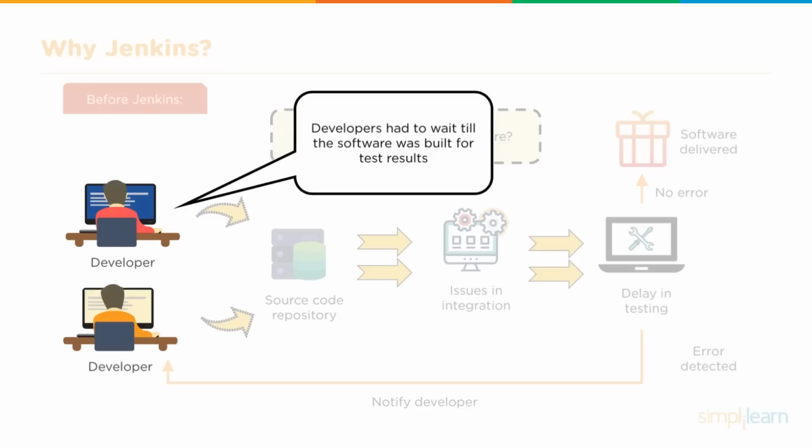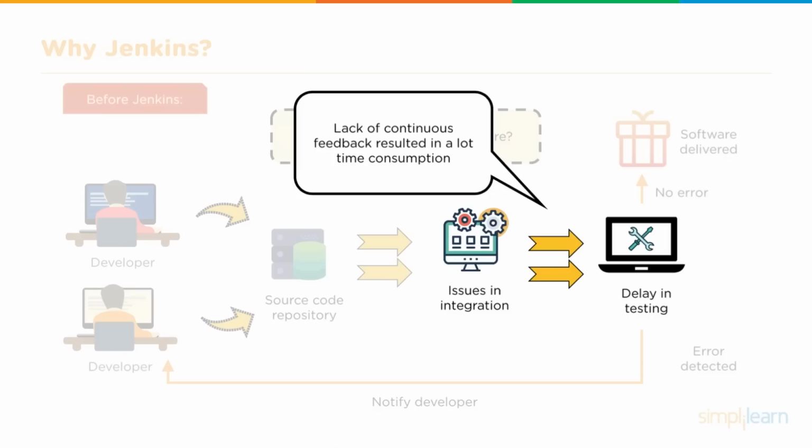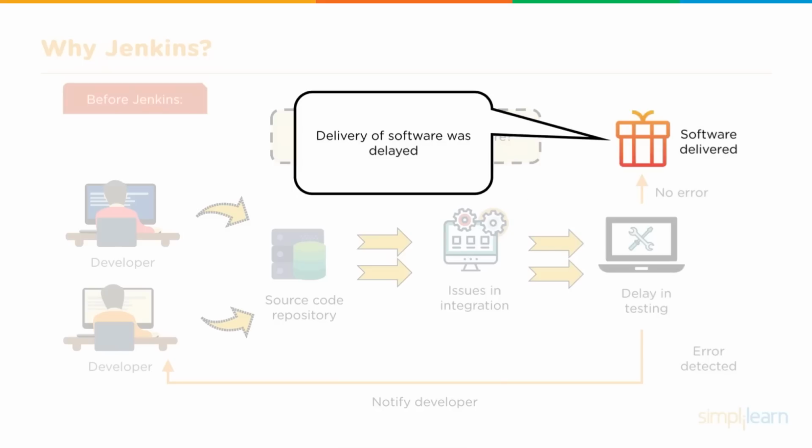The challenges developers had is that if they wanted to run any tests, they had to wait until their software was built, and there were a lot of problems in providing feedback, particularly if you had large teams working on software, about who actually had the error. The delivery of software was often delayed because of these key problems.